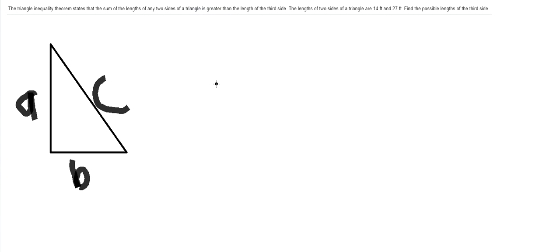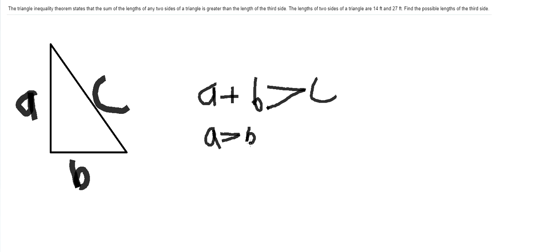what this is basically saying is that A plus B, the sum of A and B, is going to be greater than C. That would mean A is greater than B minus C, and B is greater than A minus C, just with some algebraic rearranging.